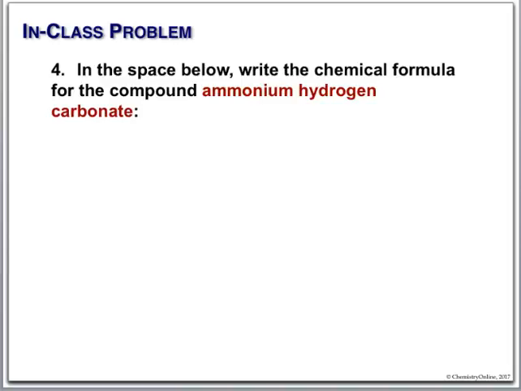All right, here we're going to write a formula for ammonium hydrogen carbonate. Now this requires you to remember a few of the very basic polyatomic ions. The only cationic polyatomic that we have is ammonium. And we remember that that's NH4.